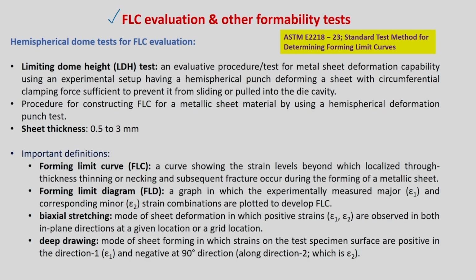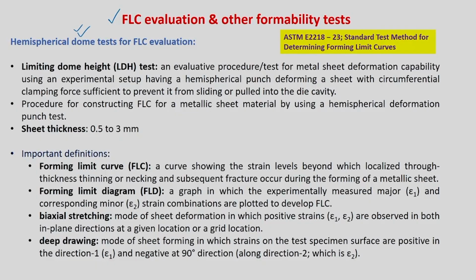The forming limit curve can be used to evaluate that. One important method or test to evaluate the forming limit curve of any sheet material is called the hemispherical dome test. It can also be called the limiting dome height test. As the name suggests, you are going to have a punch which is hemispherical in shape, and naturally there are tools available for that.